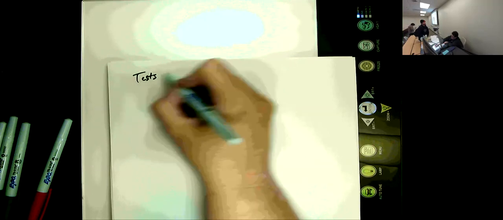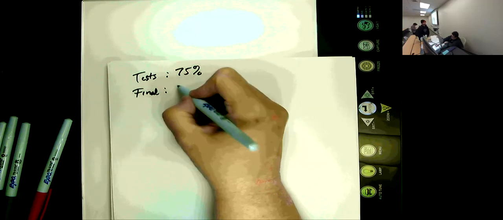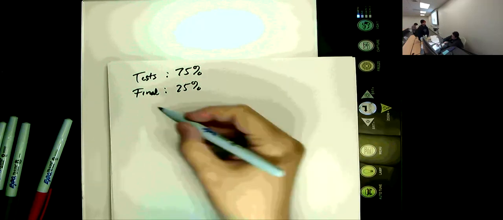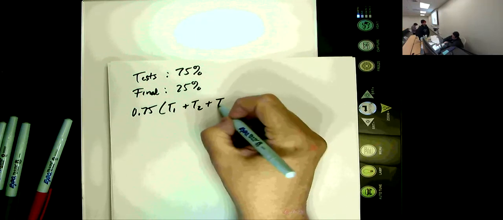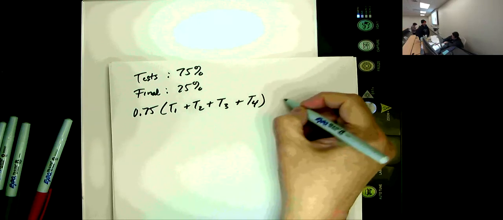Okay, so tests are 75% and the final is 25%. You've got 4 tests. So you know that 0.75 times T1 plus T2 plus T3 plus T4 will give you your test points.